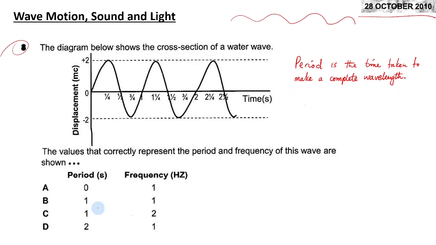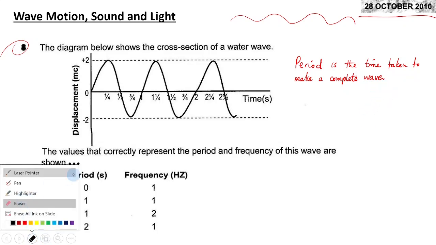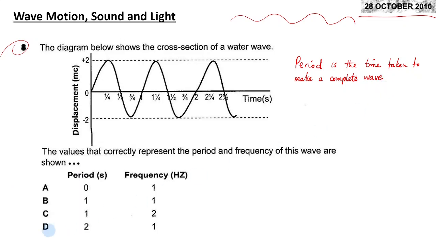No, not a wavelength. In this case, it will not make sense. Let it just be to make a complete wave, or let me put it in this way, wave or oscillation or cycle. So this will make sense. So period is the time taken to make a complete wave or oscillation or cycle.